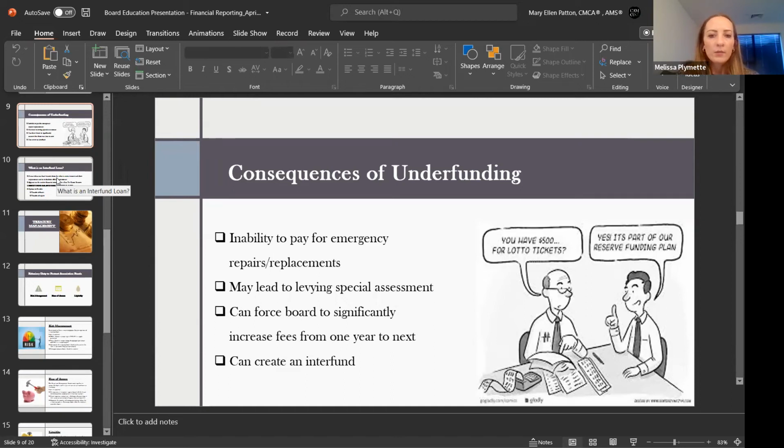So this could eventually trigger needing to levy a special assessment on the homeowners if you don't have enough in your reserves to cover it. It could also lead to significant fee increases on the homeowners in the next budget cycle. And then lastly, it can also create an interfund if the association needs to borrow internally from one fund to the other to cover those expenses.